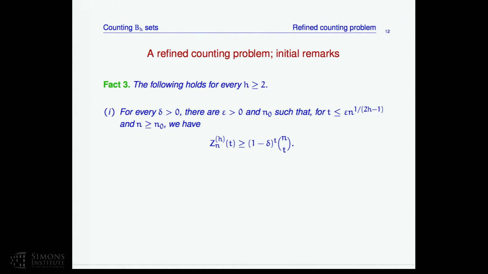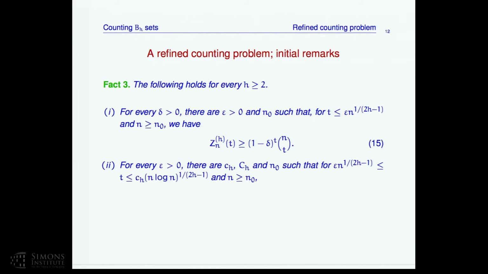Then if you make epsilon small enough in the bound for t, you get this (1 minus delta) to the t fraction as B_h sets. So it's a small fraction, it's exponentially small, but you can make the base of the exponent as close to 1 as you like. But to do that, you have to pay by making t small in comparison with this n to the 1 over 2h minus 1. So that's the first remark.